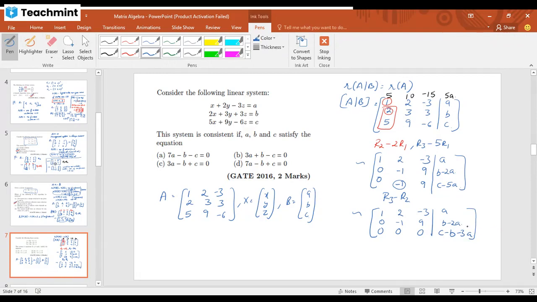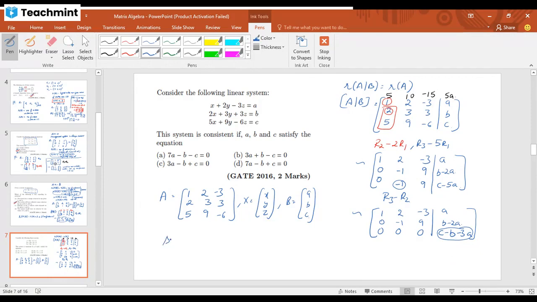So the matrix reduces into row echelon form. Now you can see here the third row is 0. If this entry is non-zero, then your system is inconsistent, because in that case rank of the augmented matrix is not equal to rank of A. So the rank of the augmented matrix is equal to rank of A only if this is 0.